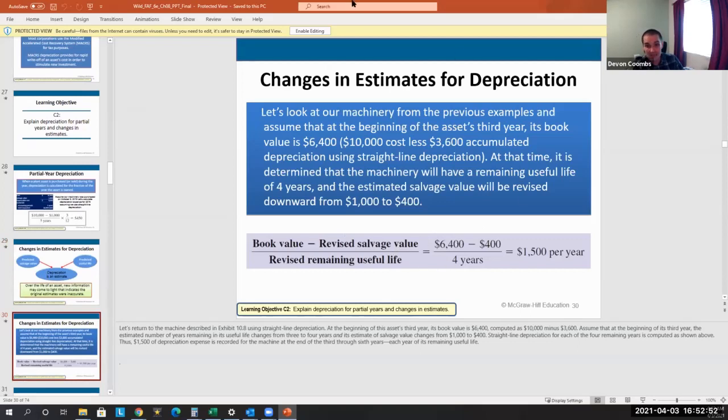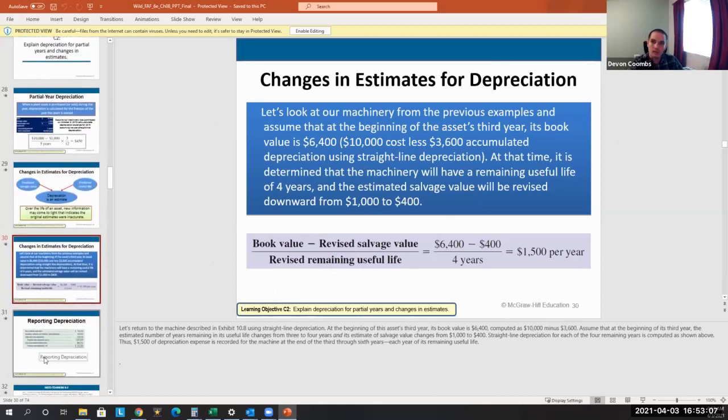We just, at the day of our revision of estimate, take the book value less the revised salvage value, and redo the calculation on the revision date. And then we continue to move forward with the calculation. So that's it. It sounds complicated, but at the point of change, that's when you redo the calculation that you already know.